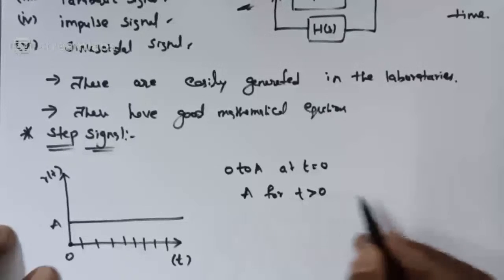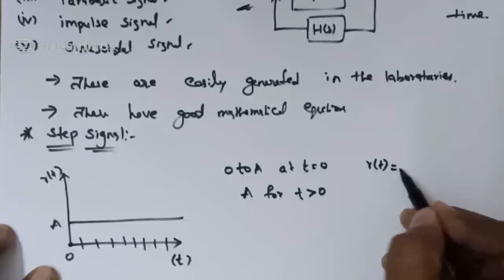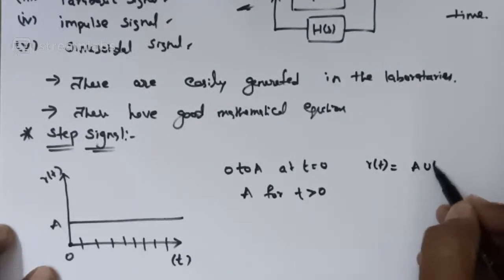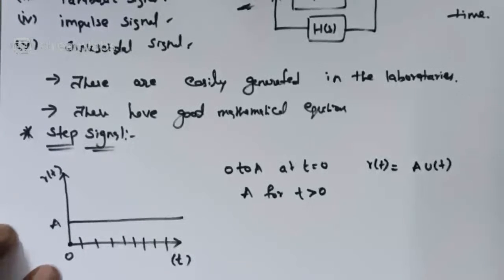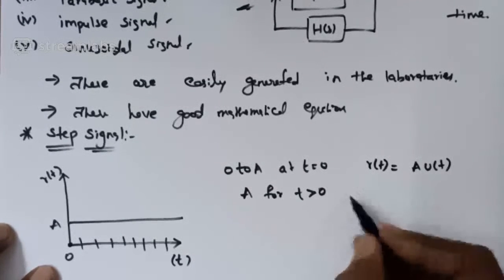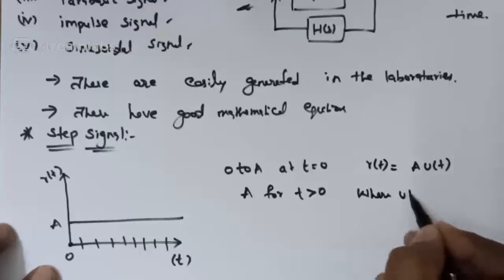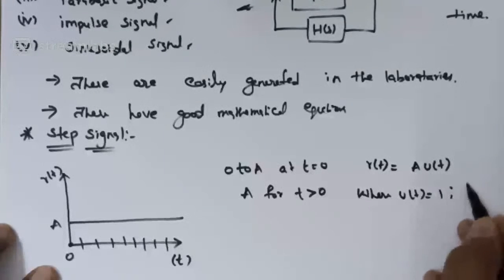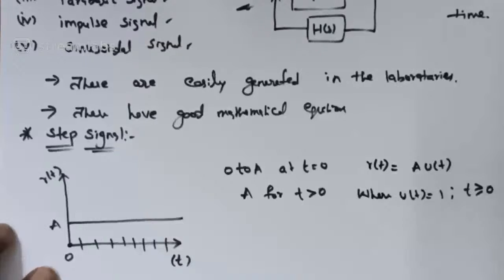The mathematical expression is R of t equals A into U of t, where U of t is equal to 1 for t greater than or equal to 0.